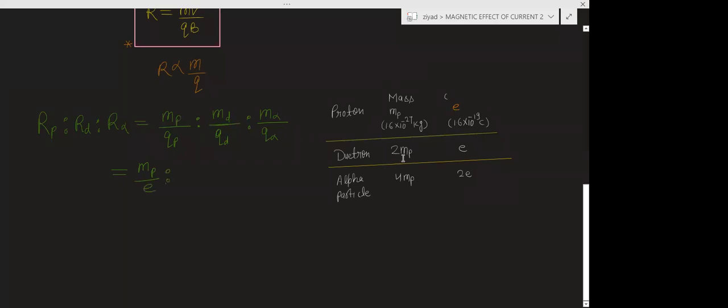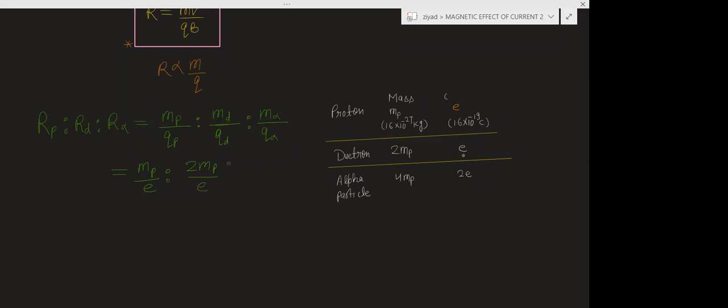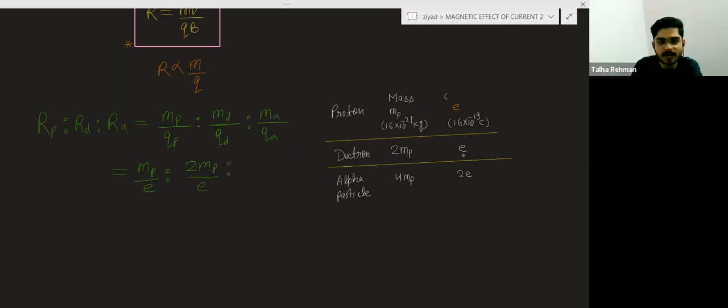Mass of deuteron is 2 times mp and charge on deuteron is e. In the same way, you can write mass of alpha particle as 4 times the mass of proton and charge as 2 times the charge on proton.